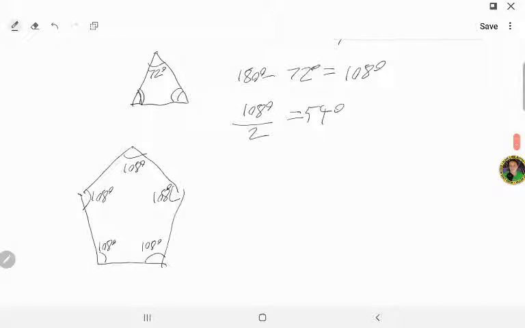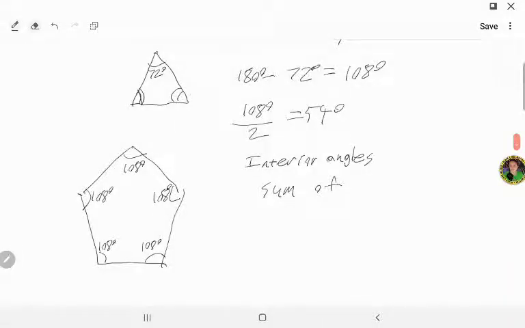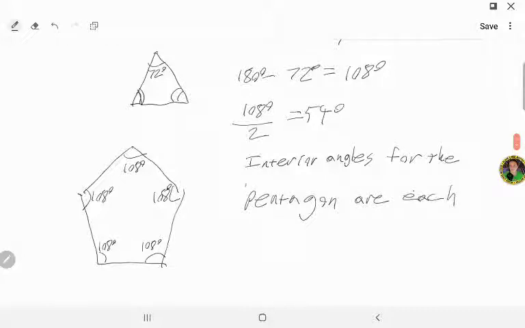We actually have an easier way to do it. So the interior angles for the regular pentagon are each 108 degrees.